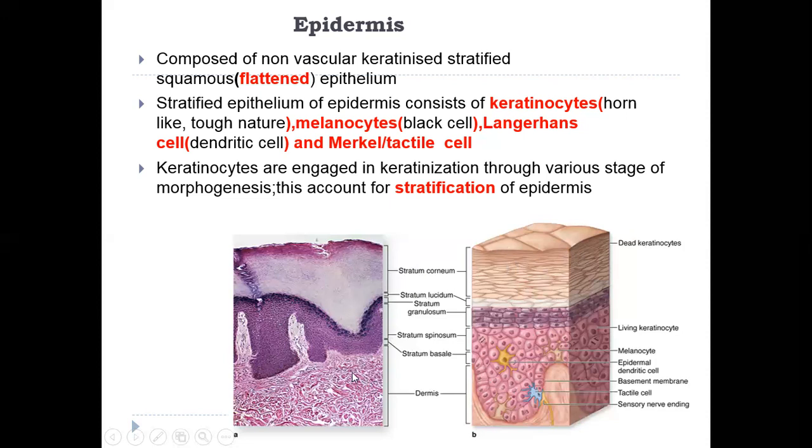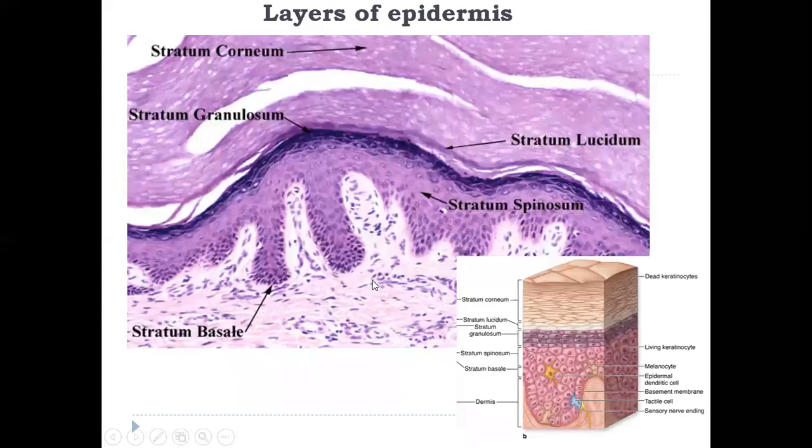Here again epidermis can be seen, which has different layers which extends from here to this area, and the superficial layer is stratum corneum, which is the keratin layer. These are different layers of epidermis. The first layer, that is stratum basale, represented here. Then stratum spinosum.